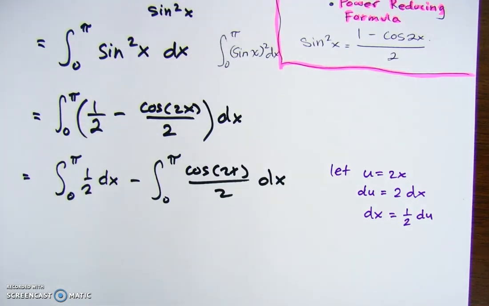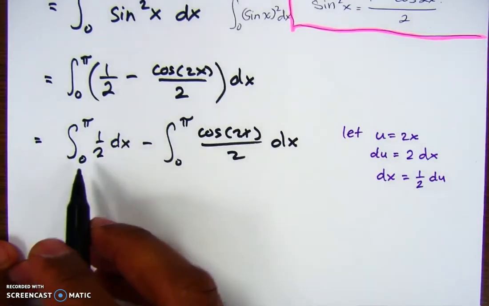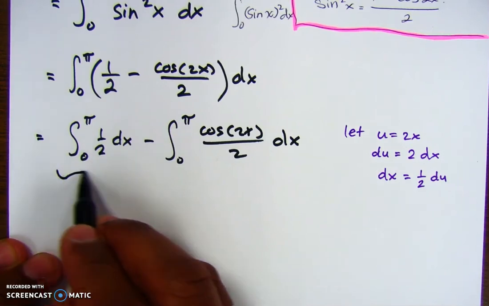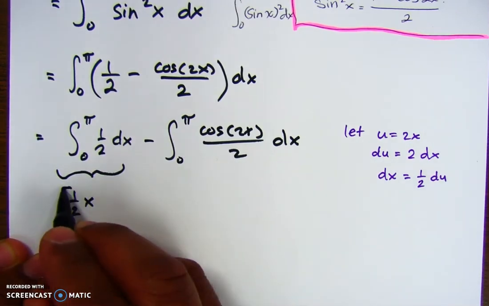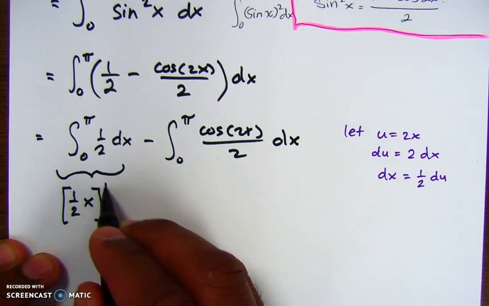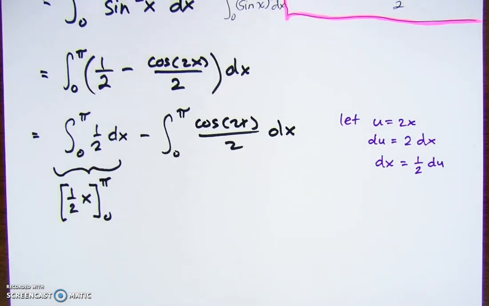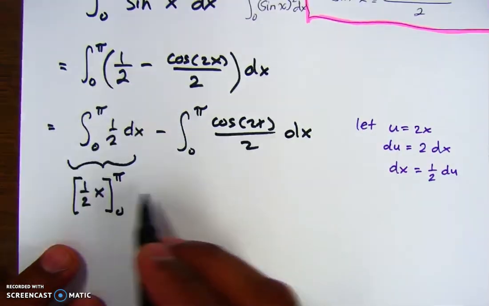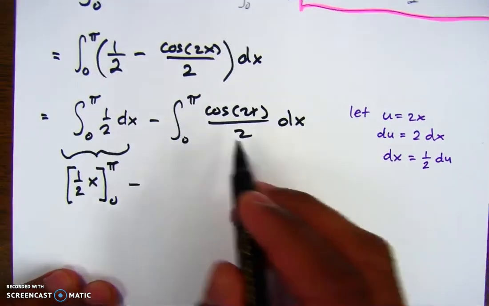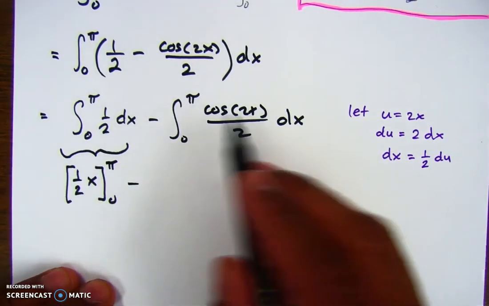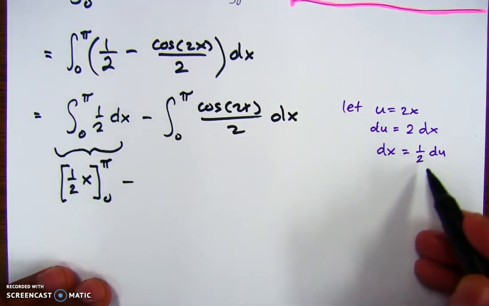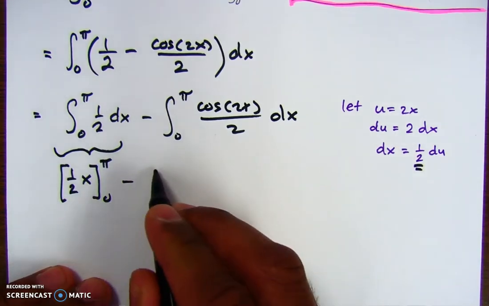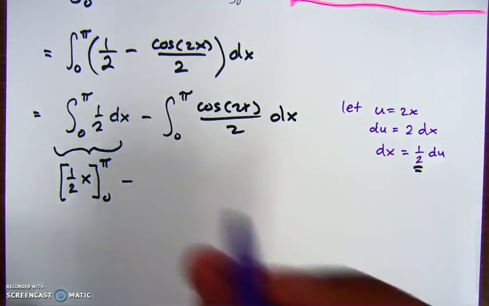So once we go ahead and actually, I can easily integrate this and say this is 1/2 x from 0 to pi. But I'm going to keep carrying it over until I integrate this. Now, the 1/2, I'm going to write it out here.